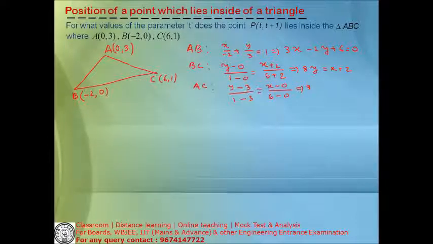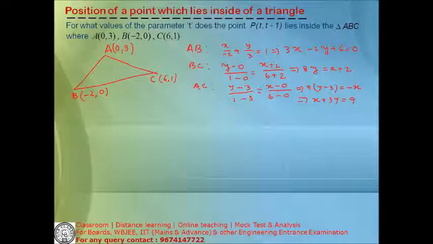It will be 3 times (y minus 3) equals minus x, isn't it? So the equation becomes x plus 3y equals 9. So these are the equations of the sides AB, BC and AC respectively.